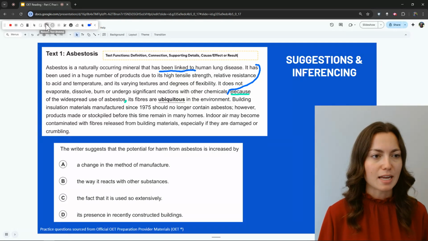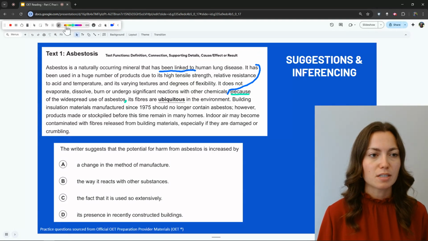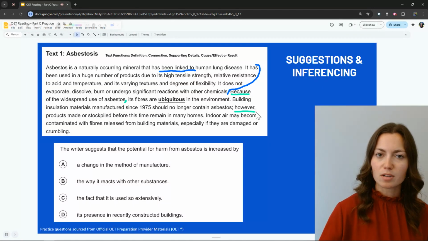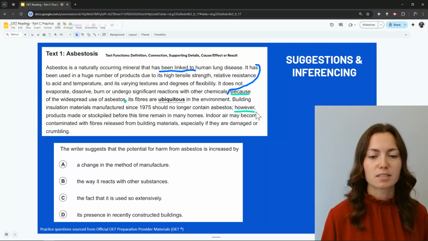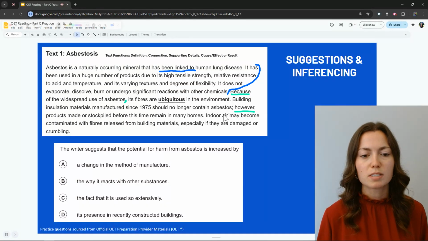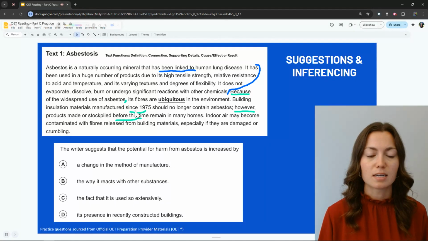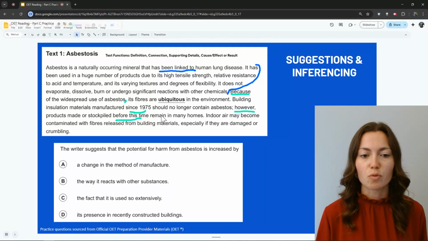Now, if we look at the next sentence there, you're going to see the word however, and that's coming in the middle. However is often telling us there's a contrast between two separate phrases and ideas. And the phrases here that we're comparing are the time phrases, since 1975 and before this time.